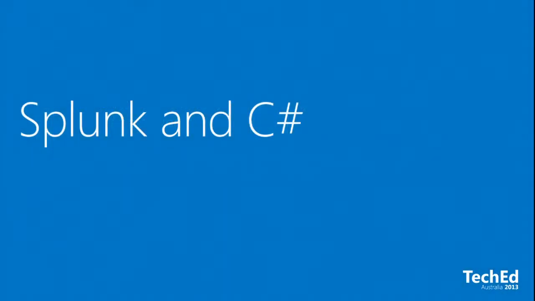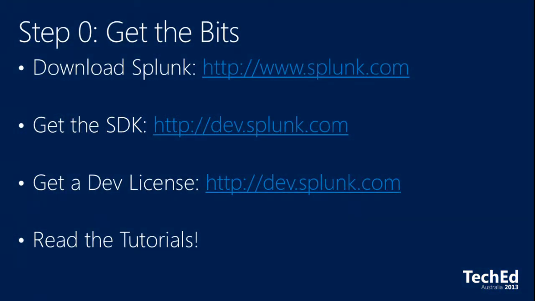So with that, a quick reference on dealing with this from C#. First bit, download Splunk. Splunk is a free download. We even give developers free licenses, so really no reason. Go to www.splunk.com. There's a big green button in the top right corner that says free download. That's the easy bit. Number two, get the SDK of your favorite language.